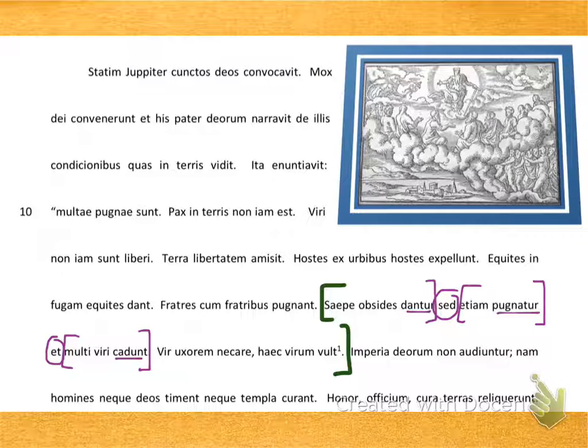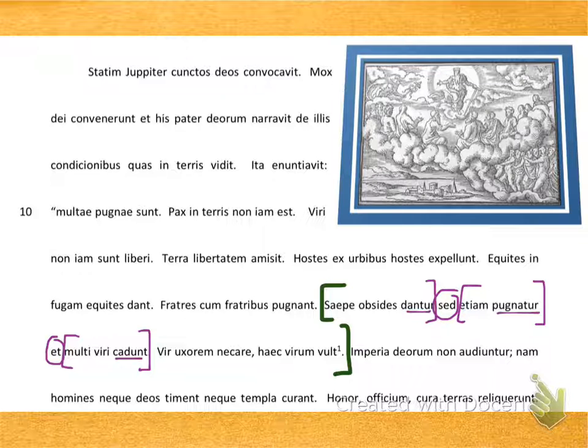Let's start with absides. Absides is the nominative plural of abses, hostage, or sometimes it can mean treaty. In this particular clause, I know it's in the nominative plural because I have only this word and the verb to give in the passive voice.